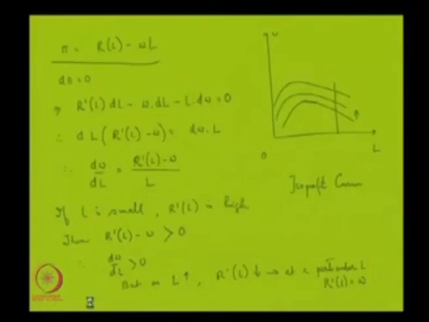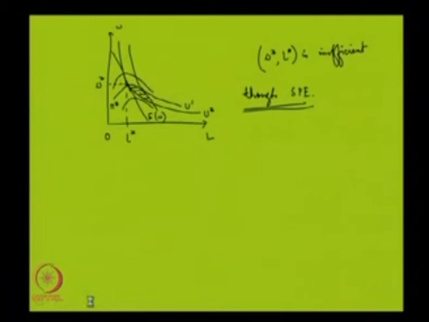Let me try to do the first part of the exercise, which is the following. Suppose there are two players, 1 and 2, and their preferences are different.